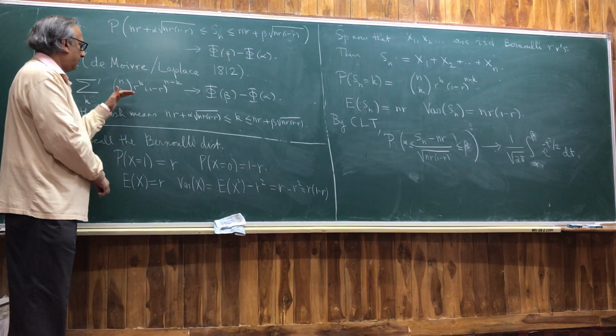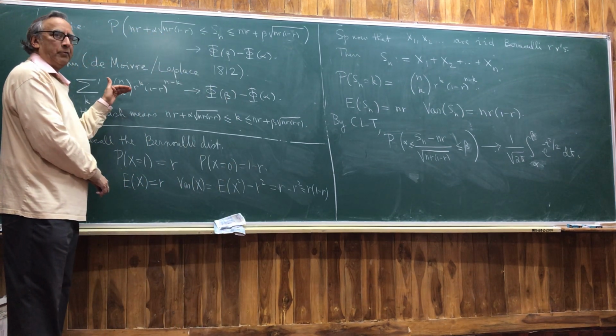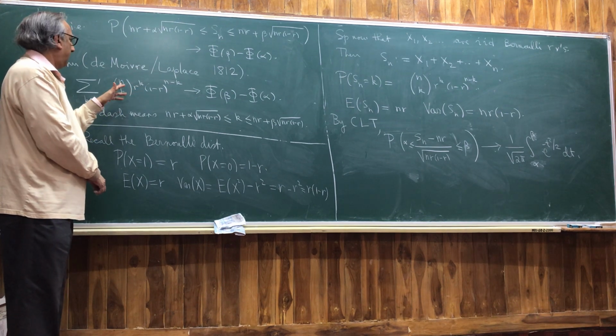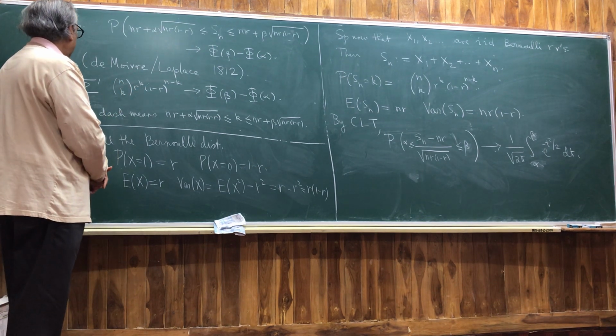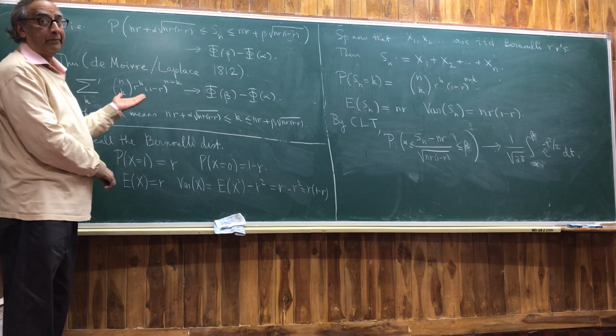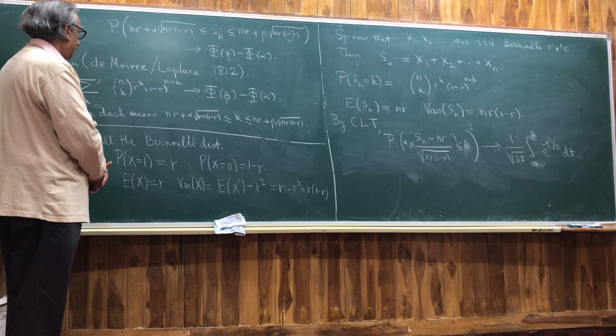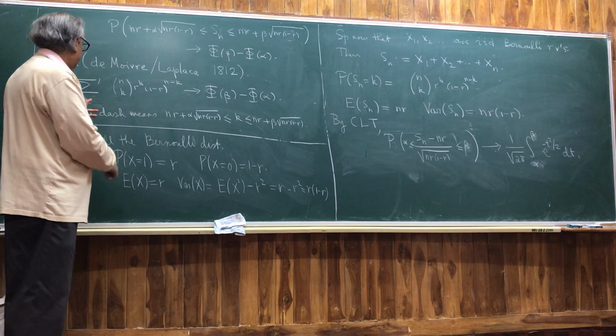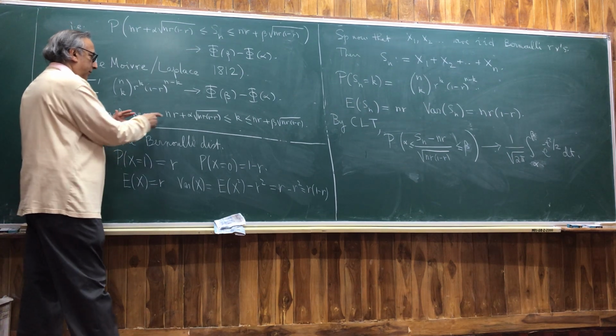Very interesting because if it was the full binomial sum, you would have, of course, 1. But it's not the full binomial sum. It's a binomial sum centered around these points.